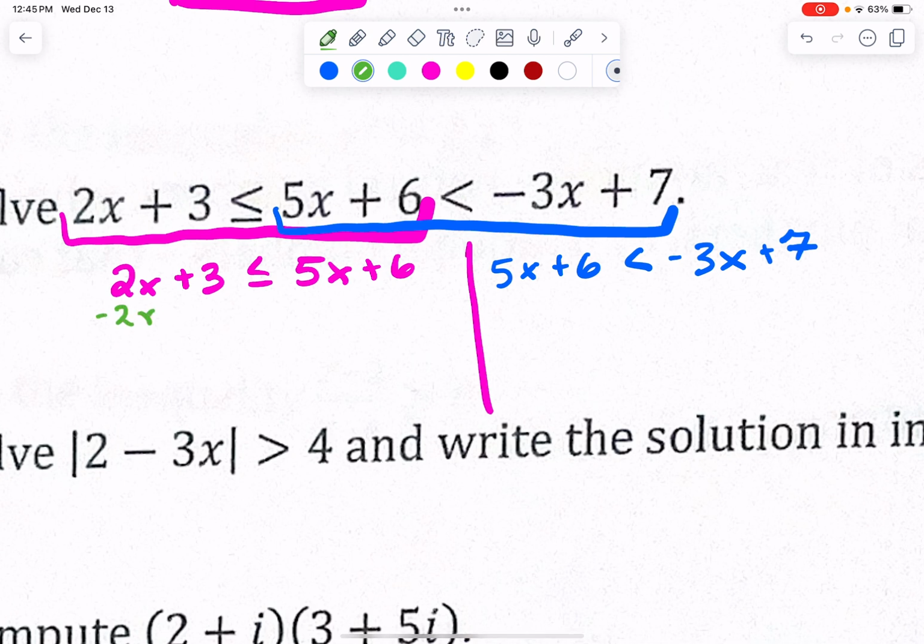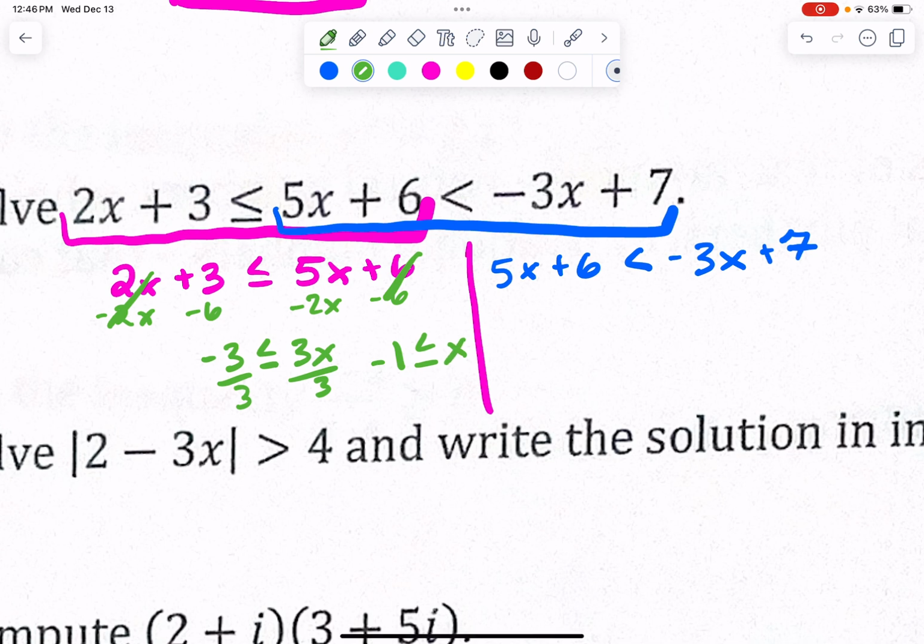So I'm going to subtract 2x, and I'm going to subtract the 6. Negative 3 less than or equal to 3x. Divide by 3. Negative 1. I did not divide by a negative. I can flip him around and say x is greater than or equal to negative 1.